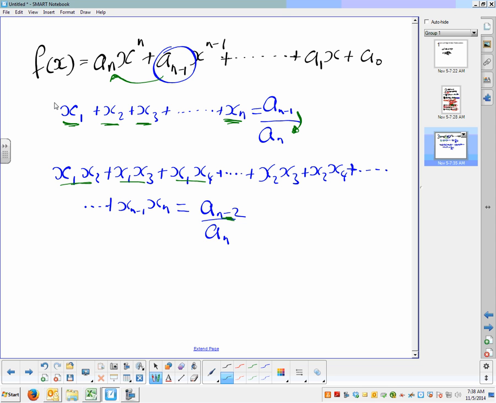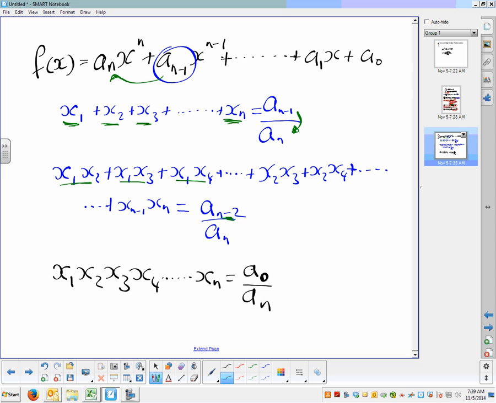And then the very last one will just have 1, which will be x1, x2, x3, x4, and so on, multiplied together times xn. Oh, sorry, all the way around. The constant term, the last one, divided by the coefficient of x to the n.